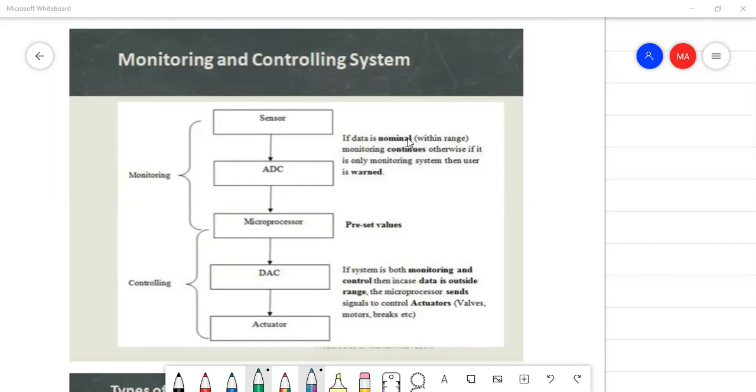How can we recognize that? The sensor checks and monitors the data. If your data is outside the range, then the sensor sends a signal to the microprocessor, like a warning signal.